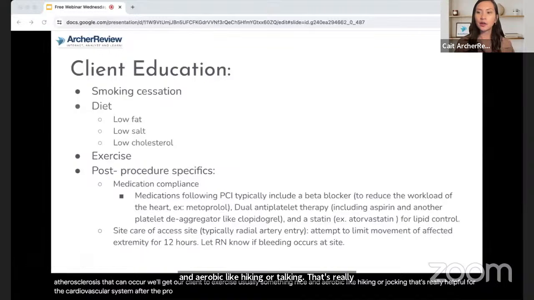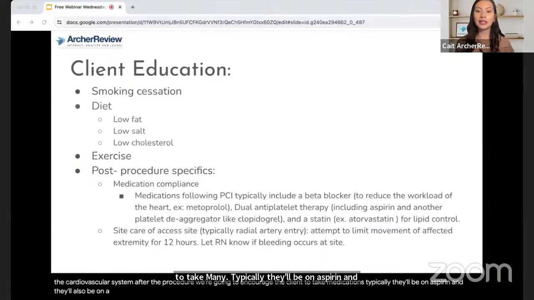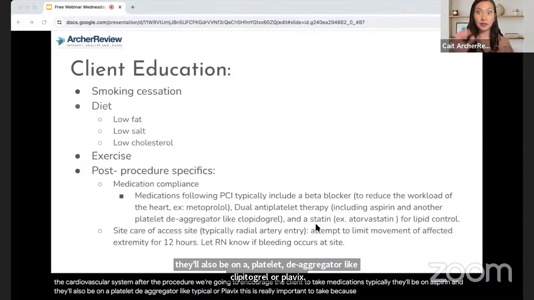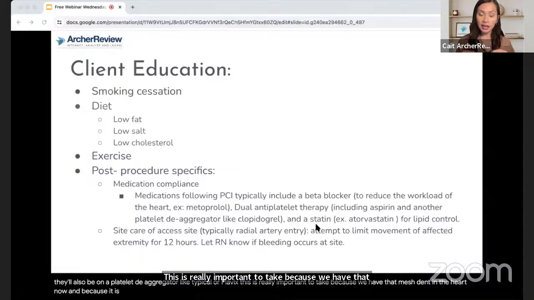After the procedure, we're going to encourage the client to take medications. Typically, they'll be on aspirin, and they'll also be on a platelet deaggregator like clopidogrel or Plavix. This is really important to take because we have that mesh stent in the heart now. And because it is meshy, it is a really great place for clots to form.